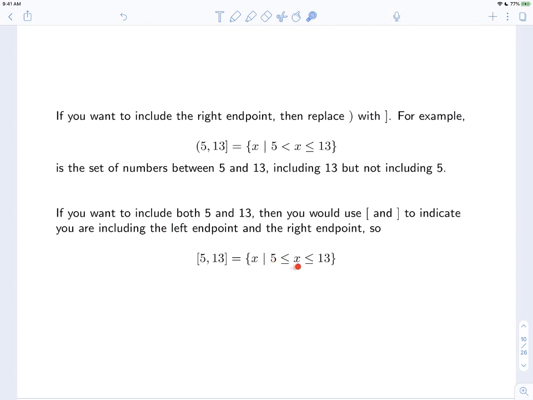So 5 is less than or equal to x means x can be equal to 5, so we're including 5. And x less than or equal to 13 means x could equal 13, so we include the 13, and we use a bracket. When we use this symbol, less than or equal to, keep in mind that there's an or there. x could be less than 13 or equal to 13.